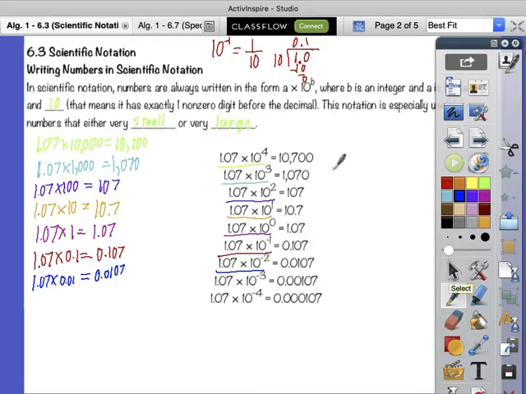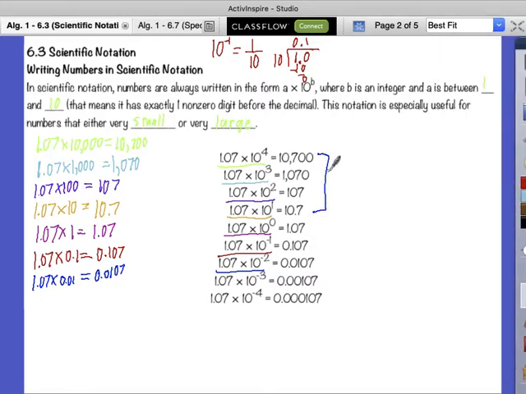I actually want you guys to write this part down here. I want you to write what I'm writing now. Positive exponents make the number bigger.